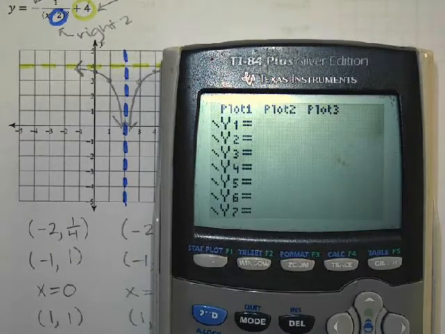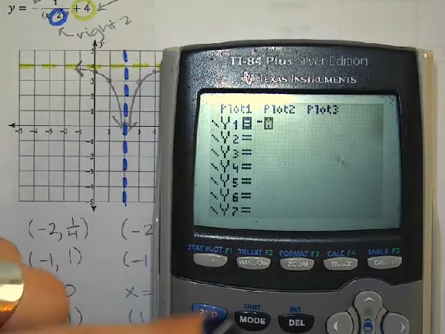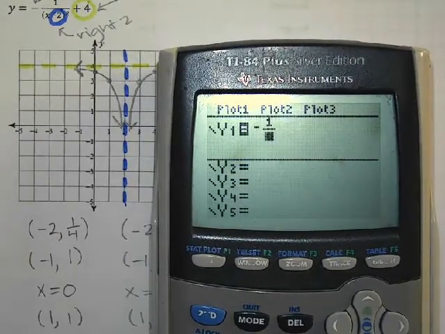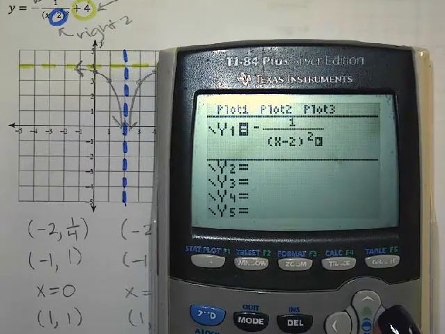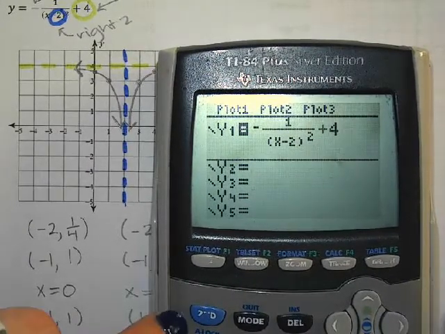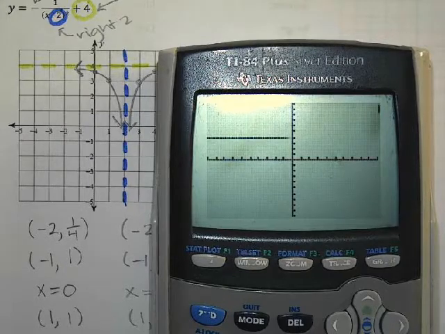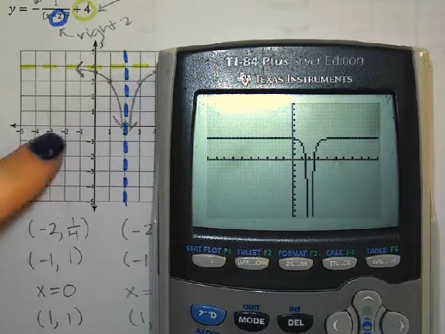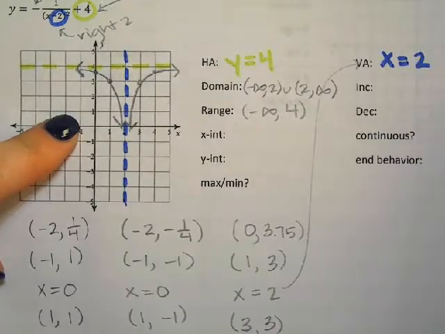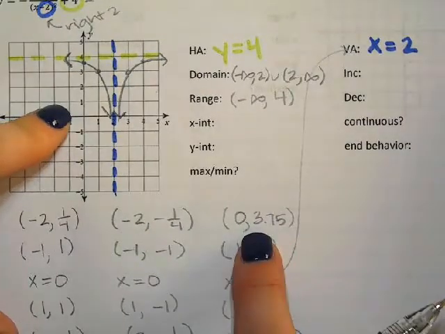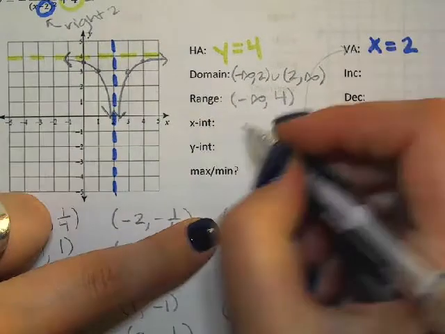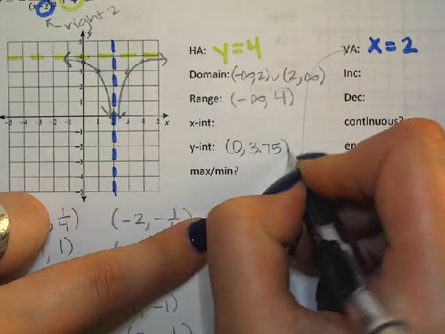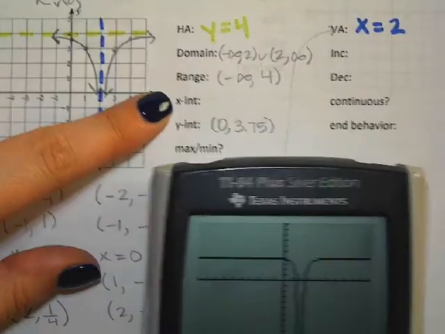Okay, so I've got negative, and then I hit alpha y equals, and I can do 1 over x minus 2 squared plus 4. We already know the y-intercept because it's right here. So we don't have to find that one. But we can go ahead and find the x-intercept.